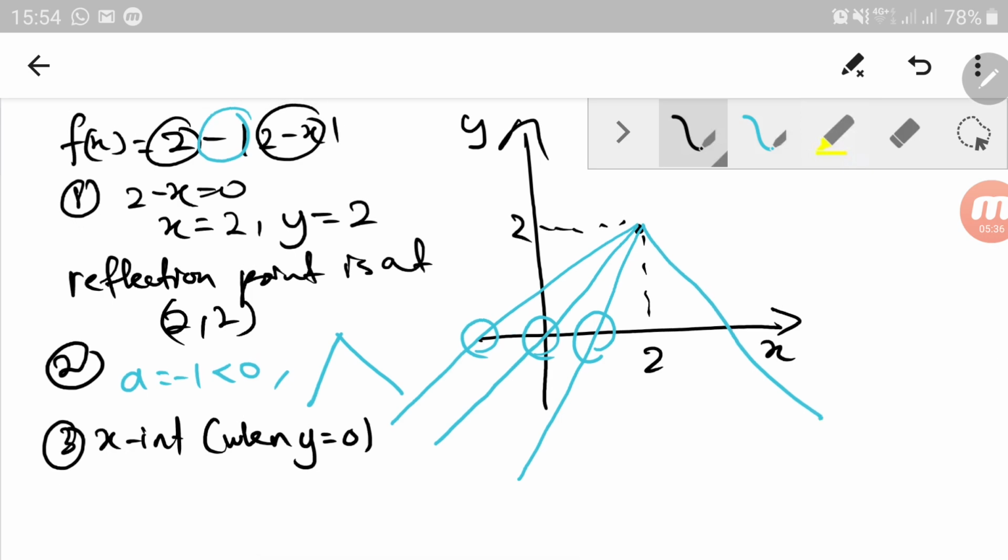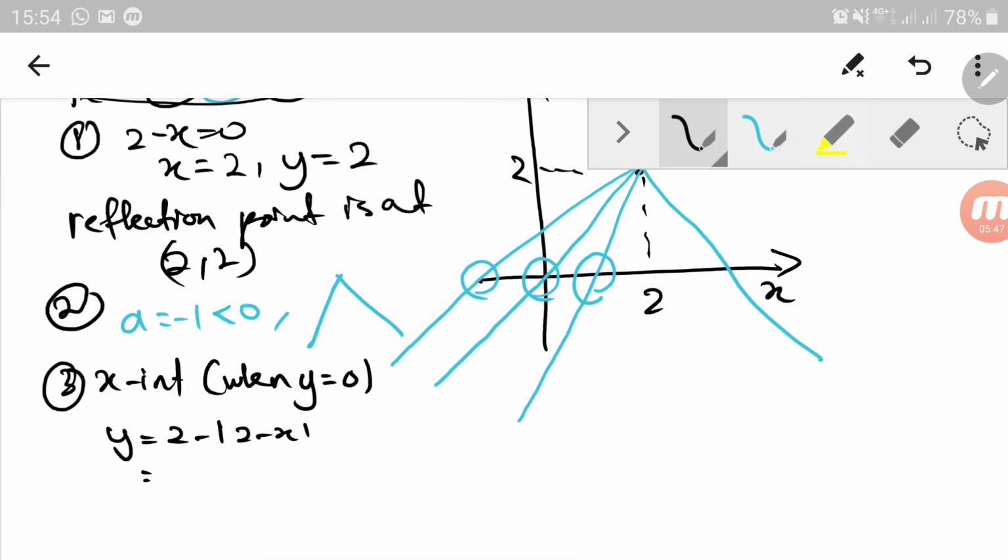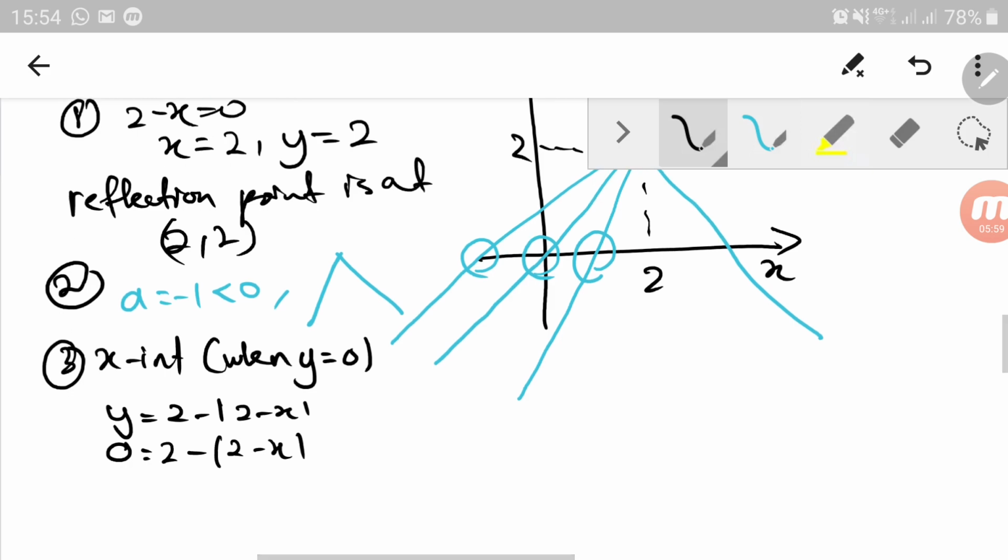So where is the function? Over here. Just take y equals 2 minus |2 minus x|, with y equal to 0. So 0 equals 2 minus |2 minus x|. Okay, and then we solve it.